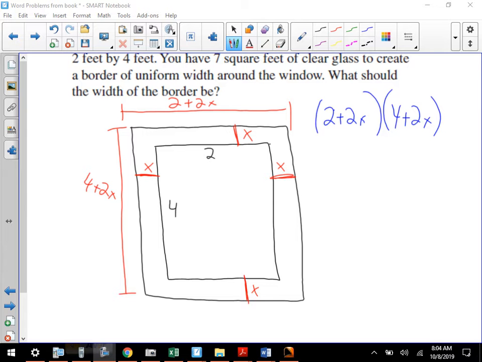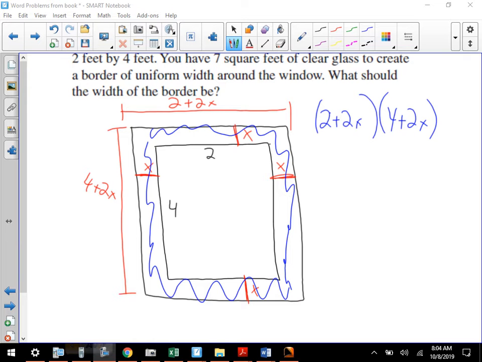Okay. Now, what we're trying to do is figure out the area of that border, though, right? Very good. You have to take out the middle. So what was the middle? 8. Very good.